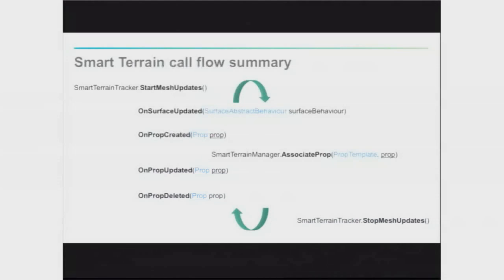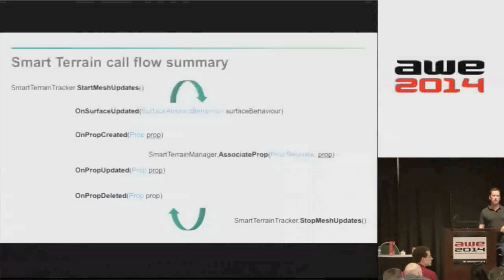As the prop is updated, you're continually receiving an update on that mesh, so you can understand how it's changing. When it's deleted, you're acknowledged that it's deleted, so you can replace the prop reference. Once the user or your logical constraint has determined that the scene has been completed and you have the full stage captured, you call stop mesh updates. So you can see it's a very simple programming model, and it's largely event-driven.